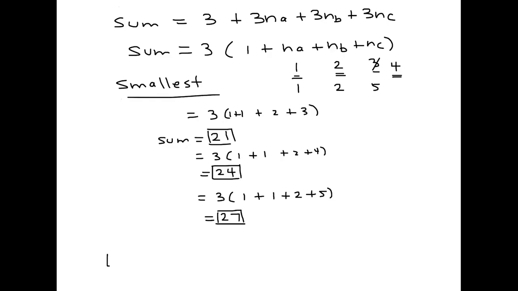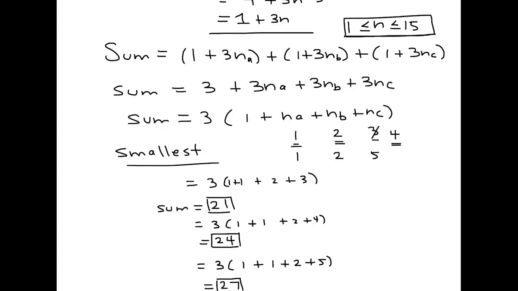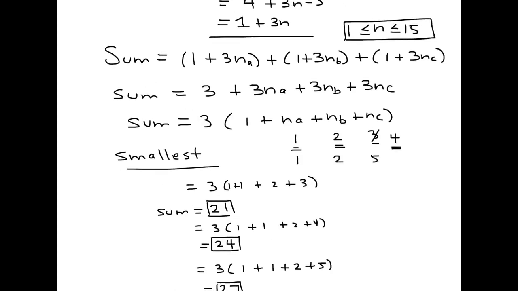Now, let's go to the largest possible sum instead of doing this over and over again. Well, n is between 1 and 15, right? So the largest possible sum is when you have the 15th term, the 14th term, and the 13th term.